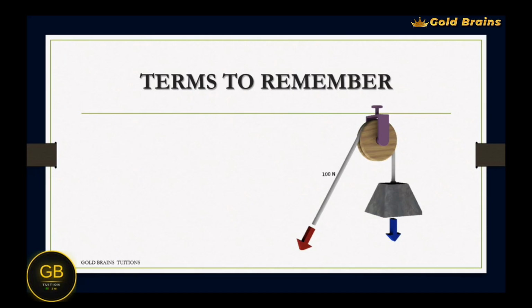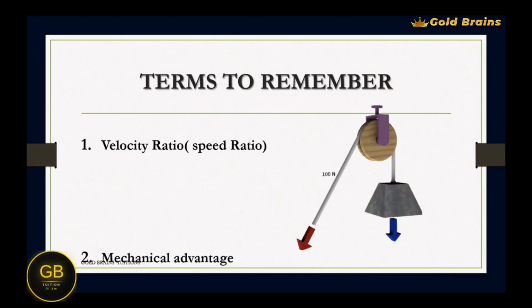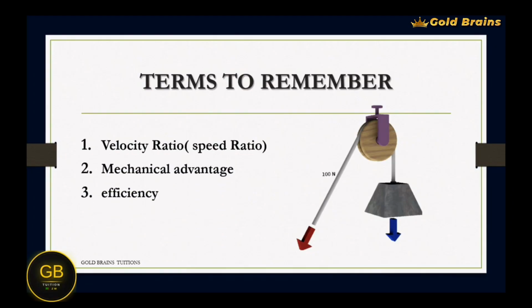Under this section, it's very important to understand the terms you will be using on simple machines, like velocity ratio, also known as the speed ratio, mechanical advantage, and the efficiency. So it's very important that you know their definitions and the formulas of all of these things right here for you to pass your physics examination.